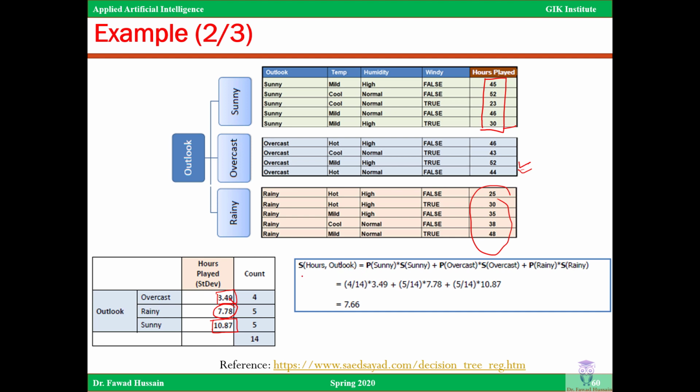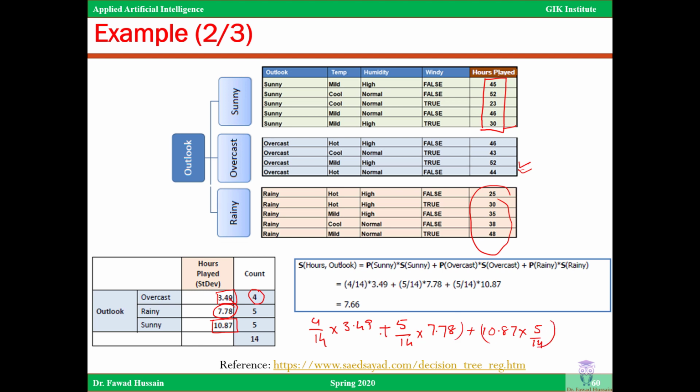weighted probabilistic standard deviation. So if it is overcast and the number of data points is 4, this is going to be 4 divided by 14 multiplied by 3.49, right? Then plus 5 divided by 14 multiplied by 7.78, and plus 5 divided by 14 multiplied by 10.87.